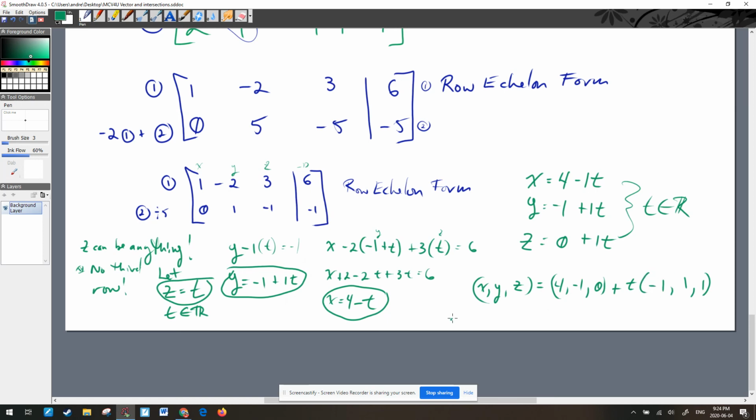So that means, therefore, the line of intersection is going to be (x, y, z) equal to (4, -1, 0) plus t times (1, -1, -1).